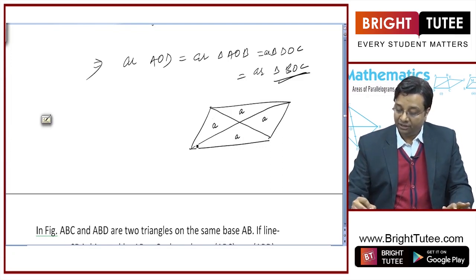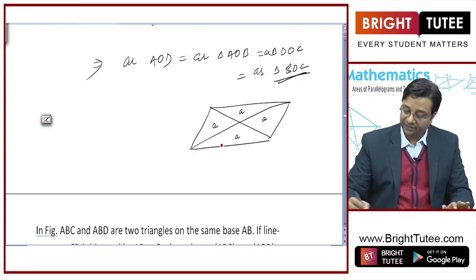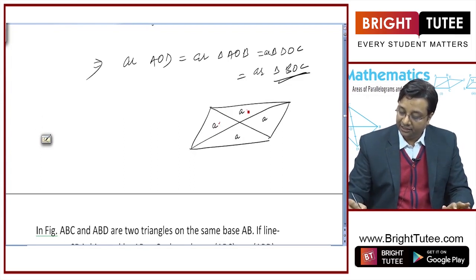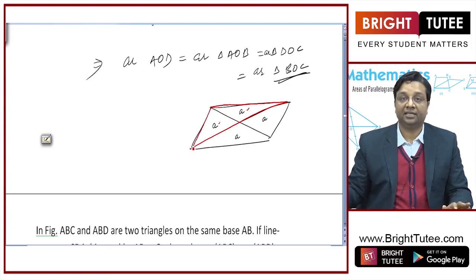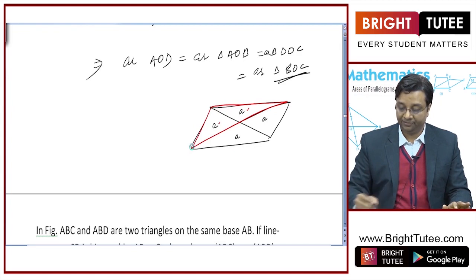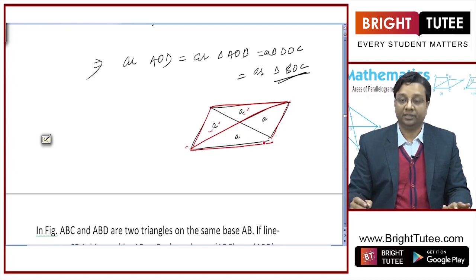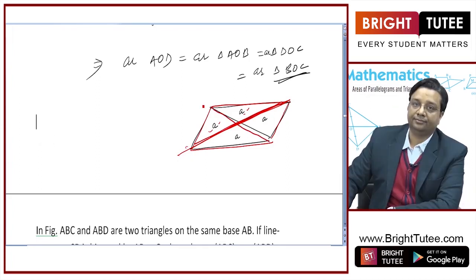Because of this, you will also understand that this area is A, this area is A. So, if I combine these, how much area does this triangle have? This has got 2A area, A plus A, 2A, and the triangle below it has got area 2A. So this diagonal divides the parallelogram into 2 equal areas.